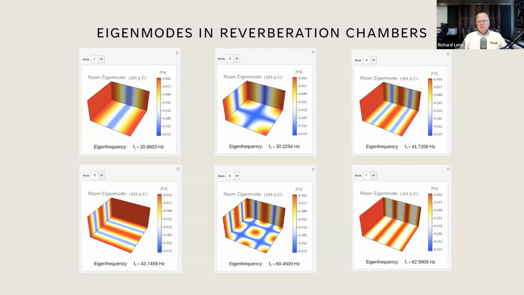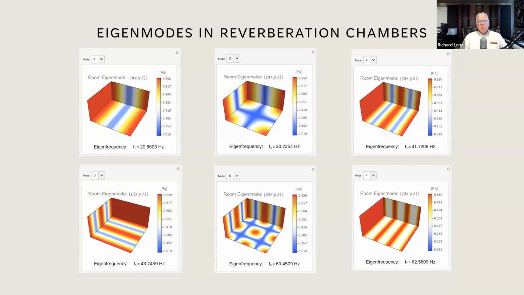These are technically the overlapping frequencies of the design nature of the lab. So you can see we've got 20, 30, 41, 43, 60, and 62. I just picked these out as examples to show how the modes in a room change depending on frequency.